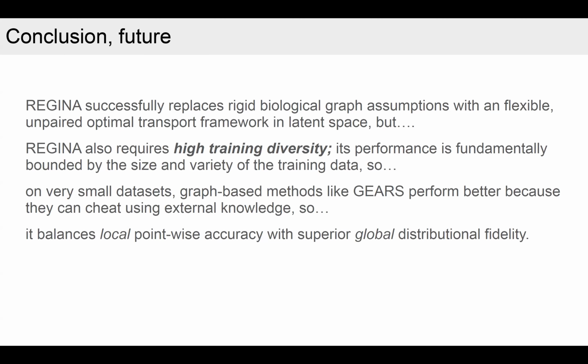So the conclusion is that this model performs very well if the training dataset is diverse enough and has enough data points. The diversity is really important. If we only have small data sets which are not diverse enough, then other methods like GEARS, of course, outperform, because they cheat with external knowledge graphs.